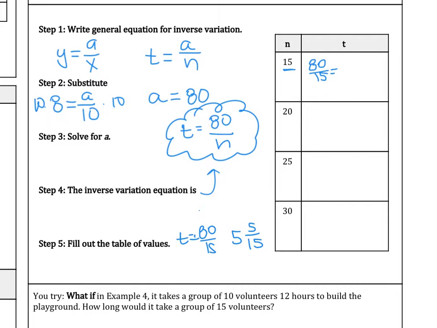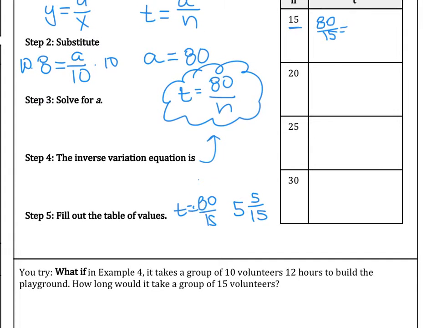So we need to convert that. 5/15, we need to figure out what is the minutes for that. So let's just write a ratio: 5/15 equals what over 60? Okay, so there's 60 minutes in an hour.